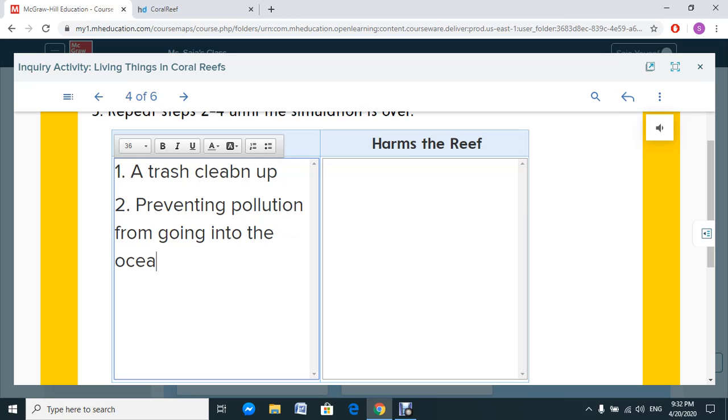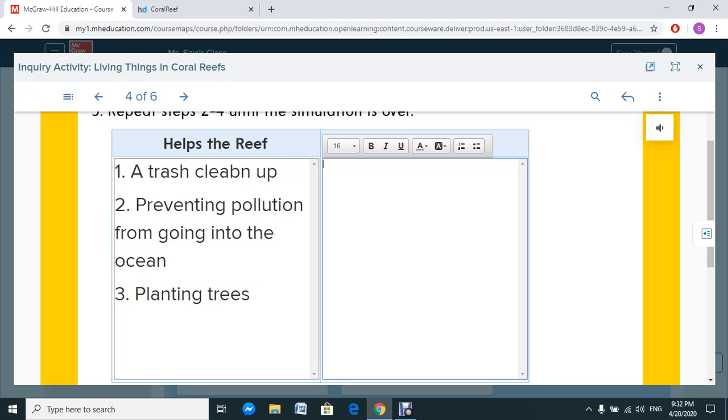This is a very good thing that humans do to help the ocean. And the last thing was planting trees. Those are three things that we saw and they were helpful for the reef.